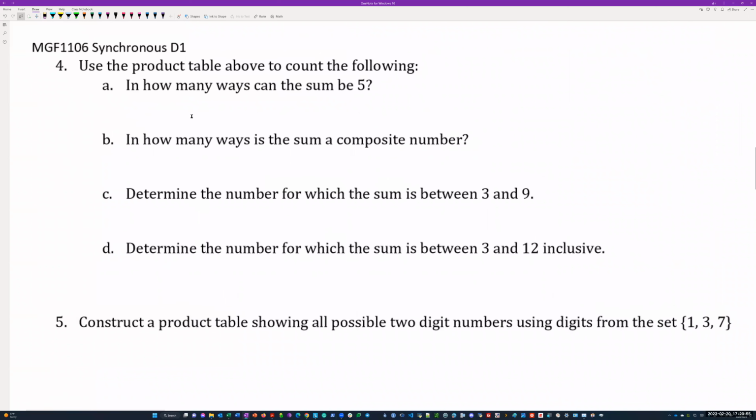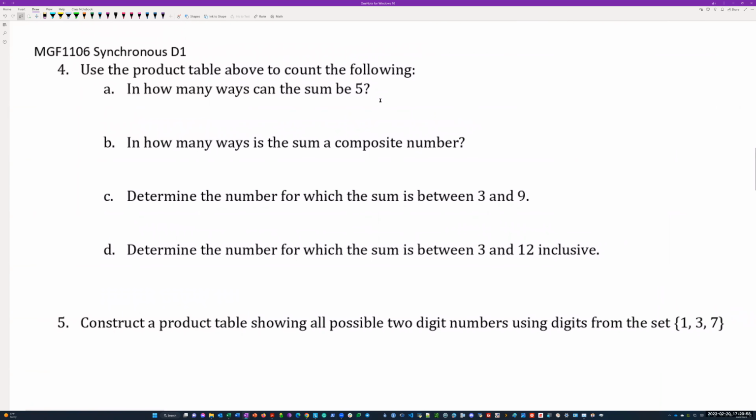All right, and how many ways can the sum be 5? What do you say? Write down the table. Come on.